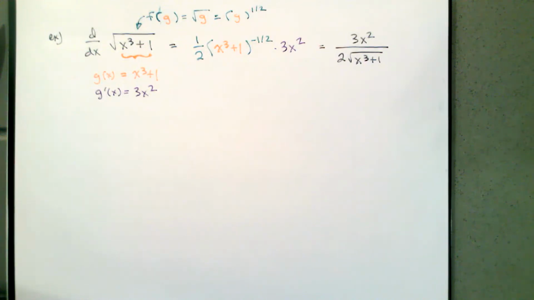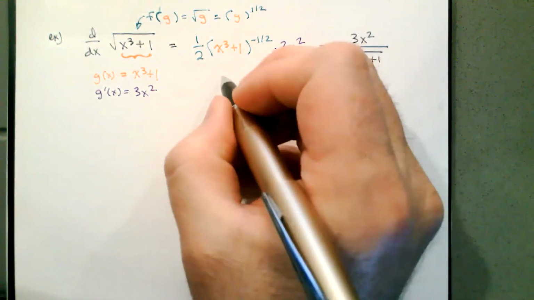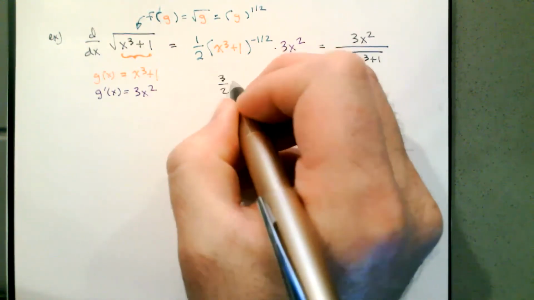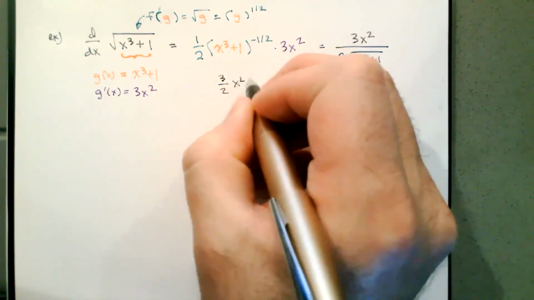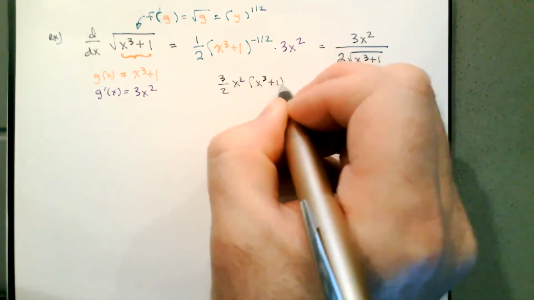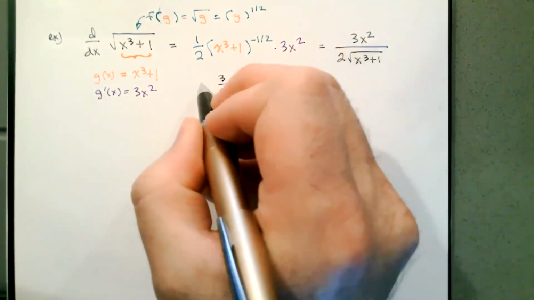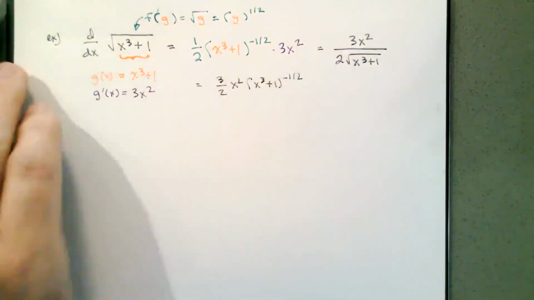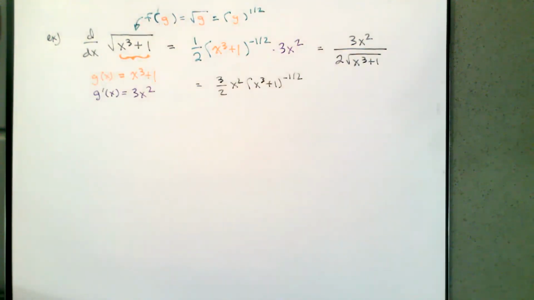Since we were given a function with square roots, our answer maybe should include square roots. You can also just write 3/2 x squared times x cubed plus 1 to the negative 1/2. The important thing is that we use the chain rule to find the derivative.